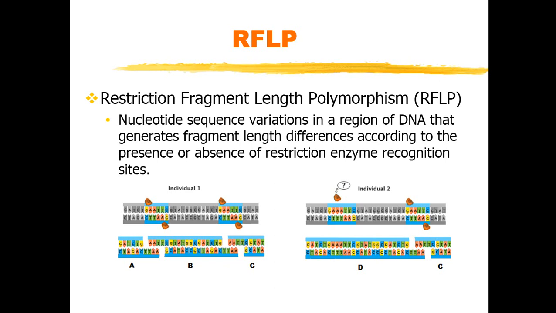So there are 2 restriction sites present in individual 1, so you get 3 fragments A, B and C. In individual 2, only one restriction site is present. This site is mutated. So only one restriction site is present, and you get 2 fragments.